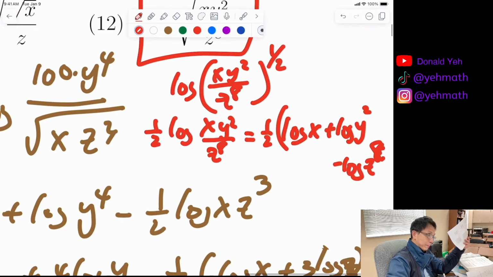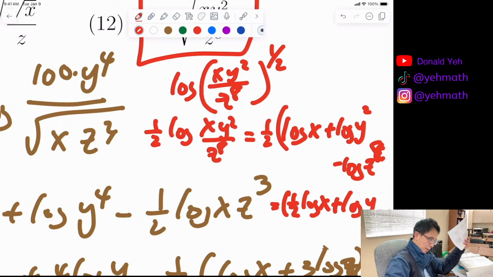Is that okay? So I'm just going to do one more step. That's going to be 1/2 log of x, and this one, 2 is going to be in the front. So 2 and 1/2 is going to cancel out, so it's going to be plus log of y. Does that make sense? And the 8 put in front, 8 divided by 2, so it's going to be minus 4 log of z in the front.